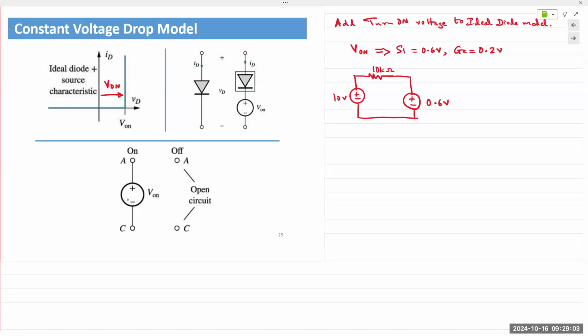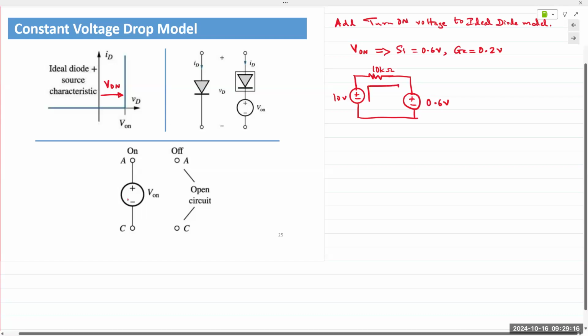We are assuming a forward bias diode. If it's a forward bias diode, it must be conducting. If it's conducting, a current should be flowing through it, and that current should have a positive value. I can write an equation around the loop and get 10 minus 0.6 divided by 10,000, and I obtain ID as 0.94 milliamps.